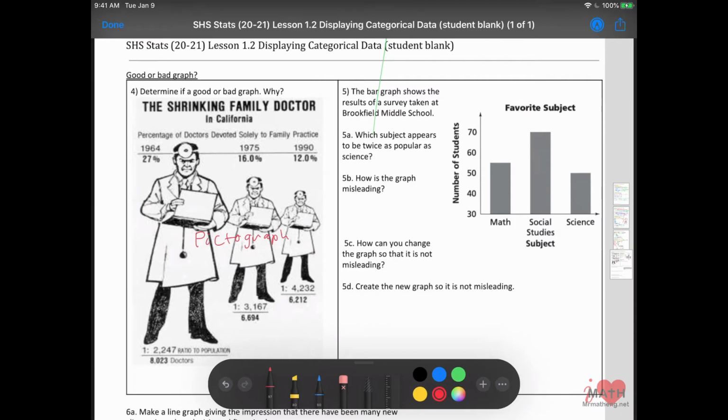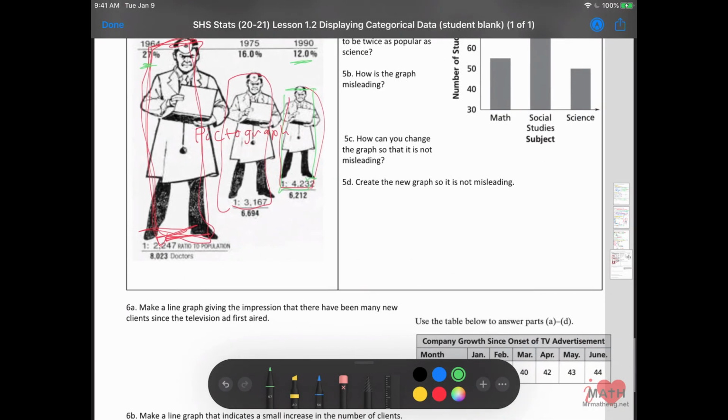Because it is a picture, and the picture represents the man. And this one looks so big, and then this one over here looks so small. But the difference is there is only 14%. So I would say that this one is a bad graph. Why?